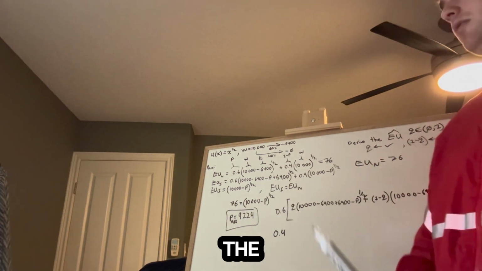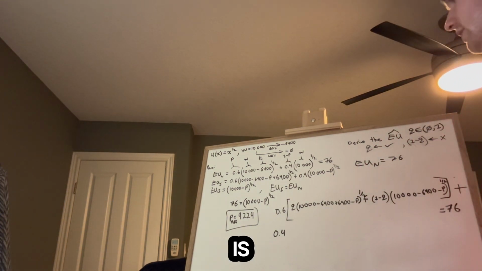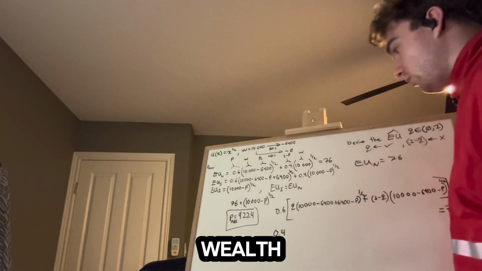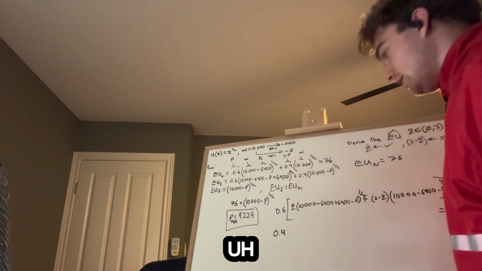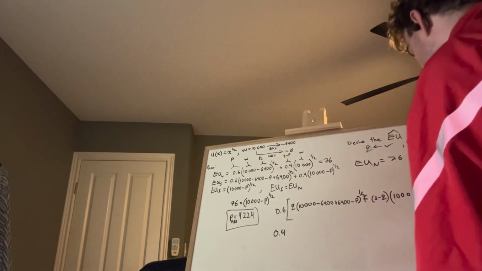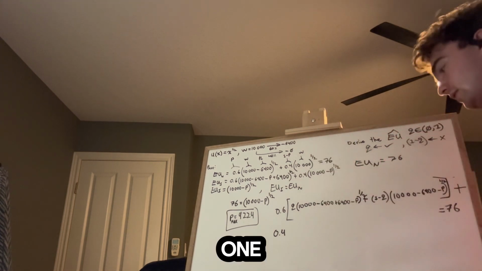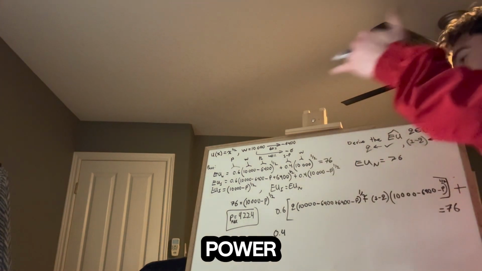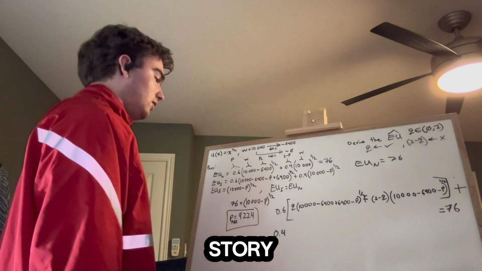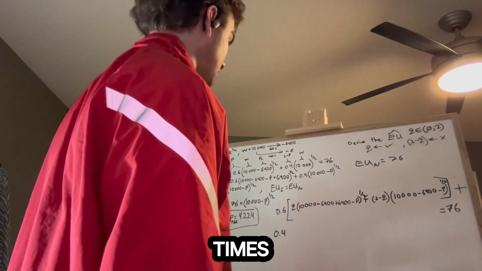P is the premium, the insurance premium. 10,000 is your wealth. 6,400 is your loss. 1 to the power of 1/2 is your utility. I think I've said the whole story now, probably multiple times.